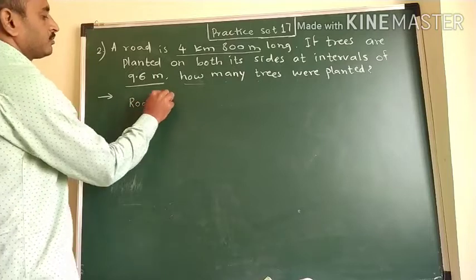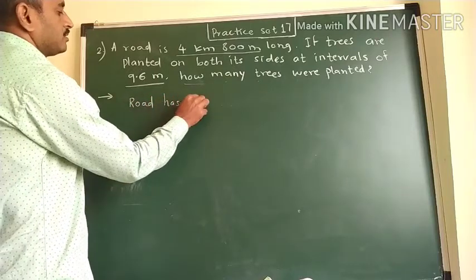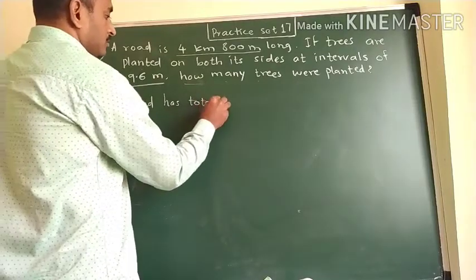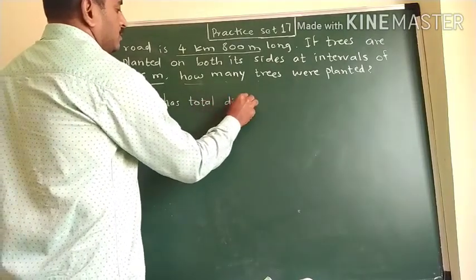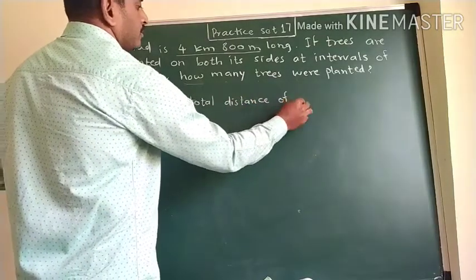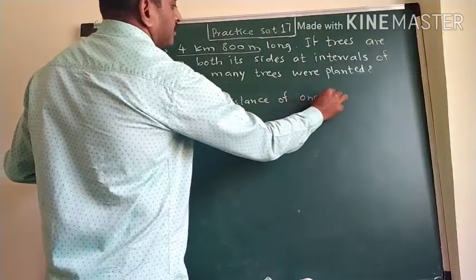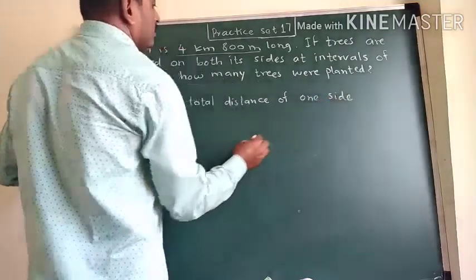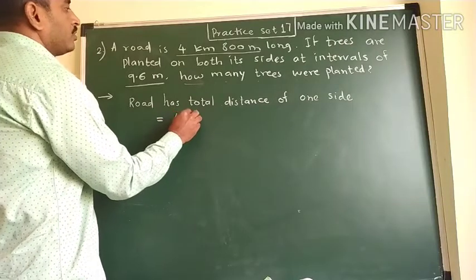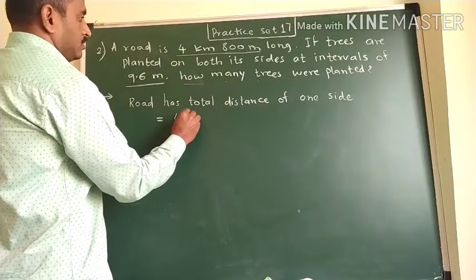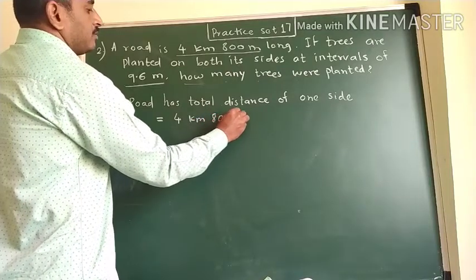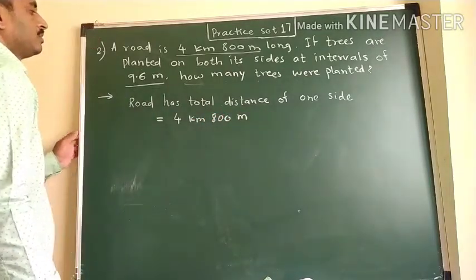A road has a total distance of one side equal to 4 kilometer and 800 meters.